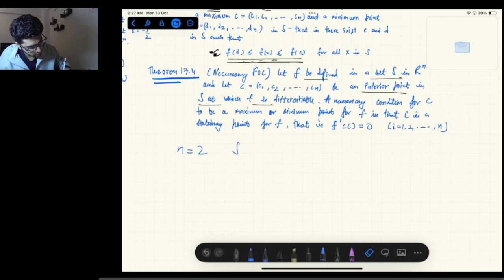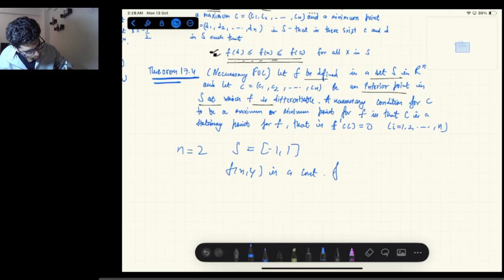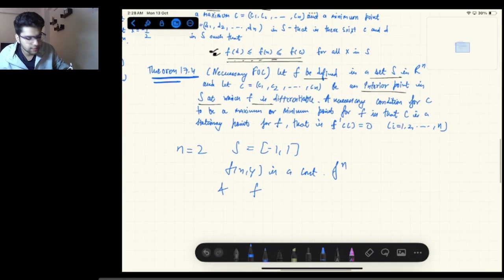So if I would write S is equal to -1 to 1, I would say f of x comma y is a continuous function, and if x is for example half, I would say y is equal to 0, right?